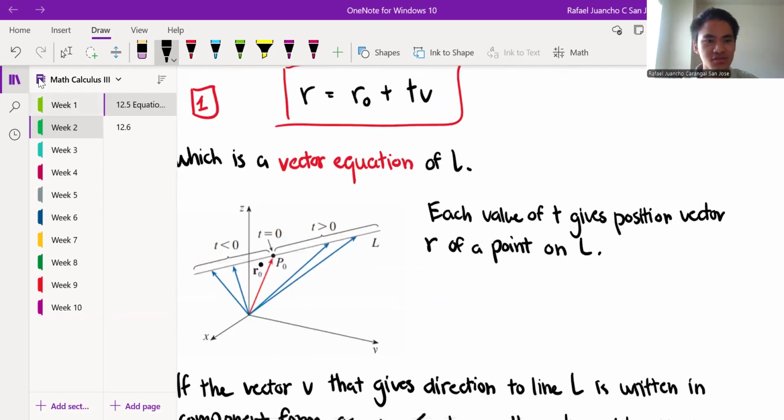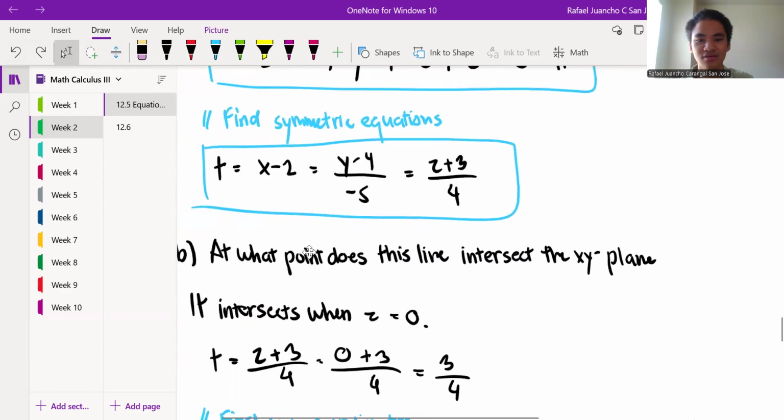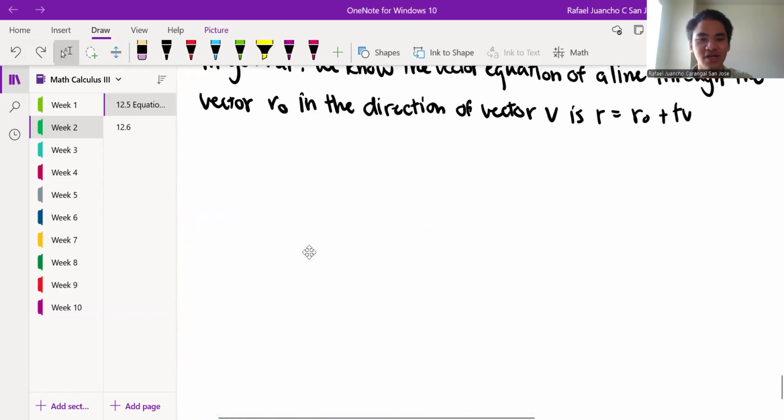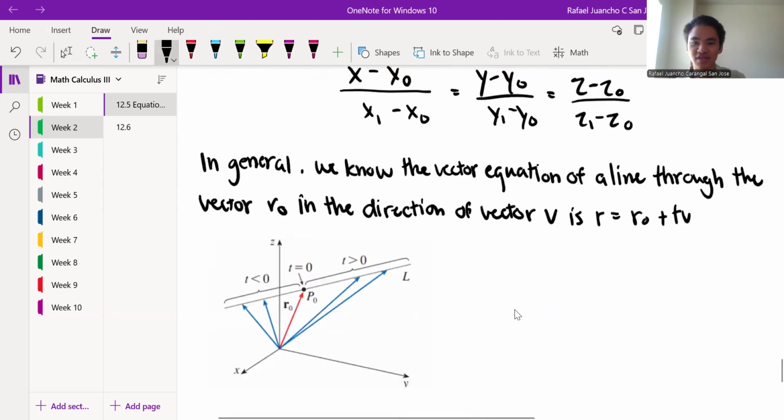I'm gonna copy paste this because I'm trying to word it out in a way that makes sense to me, so that I can see what I'm exactly explaining here. So we know that the vector equation of a line through vector R naught, R naught is here, is this thing right here.